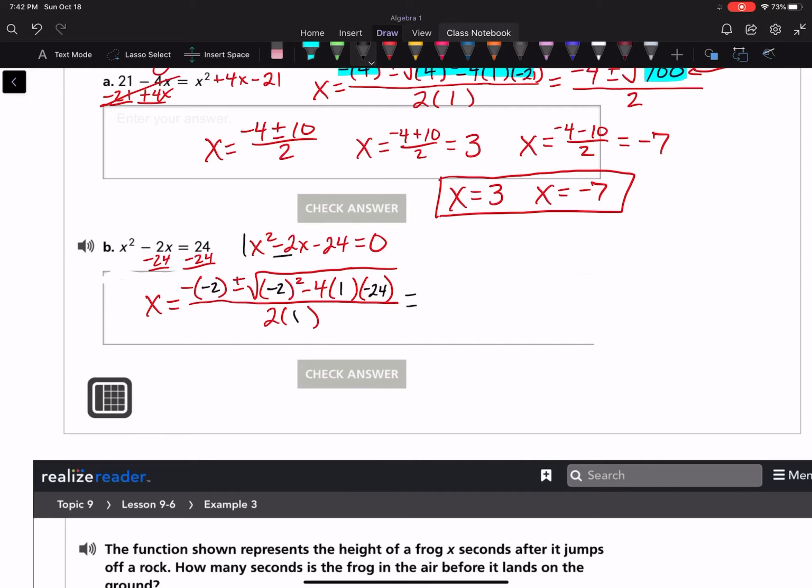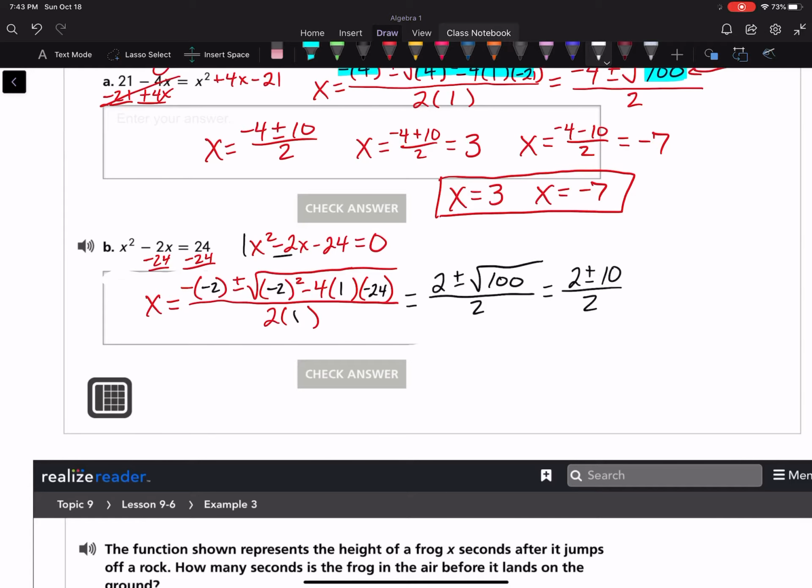So again, simplify that. In our little sections, we have the first part is 2 plus or minus the square root of something. I always do that part last because you have to put it in the calculator. So we got parentheses negative 2 squared minus 4 times 1 times negative 24. That is also 100. How about that? So we're going to have 2 plus or minus 10, the square root of 100 is 10, divided by 2.